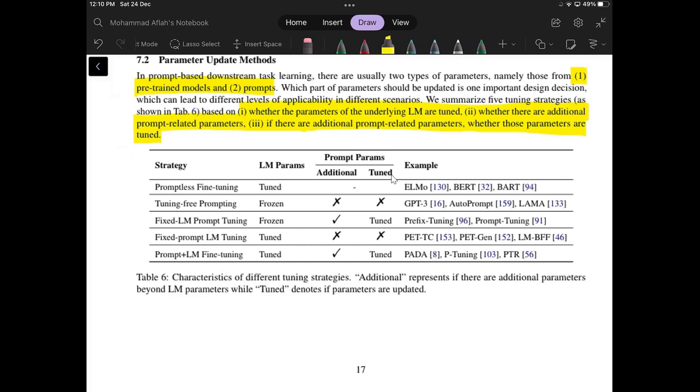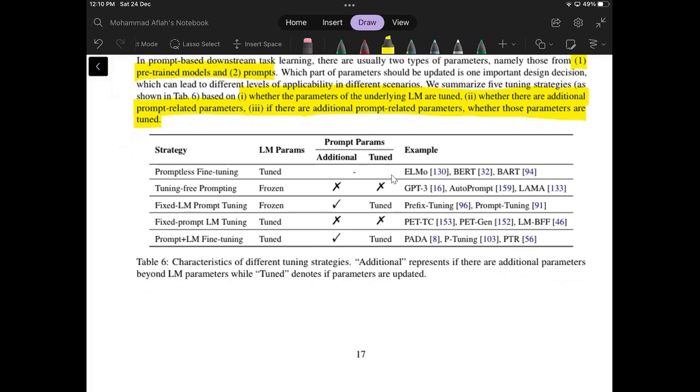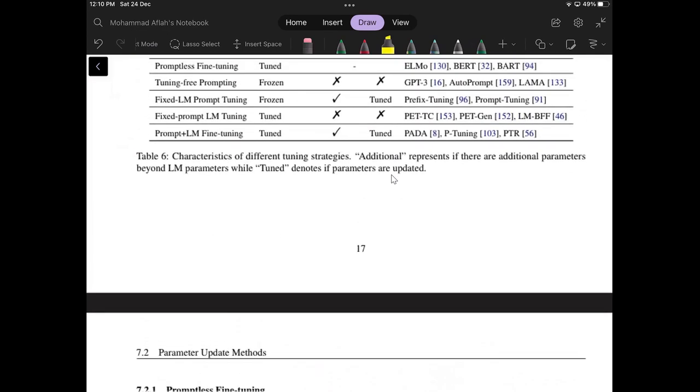So this basically differentiates your training methods by which parts of the model are being trained. So is it just training the model, or is it also training the prompts? For instance, you have promptless fine-tuning, then tuning-free prompting, then fixed language model prompt tuning.